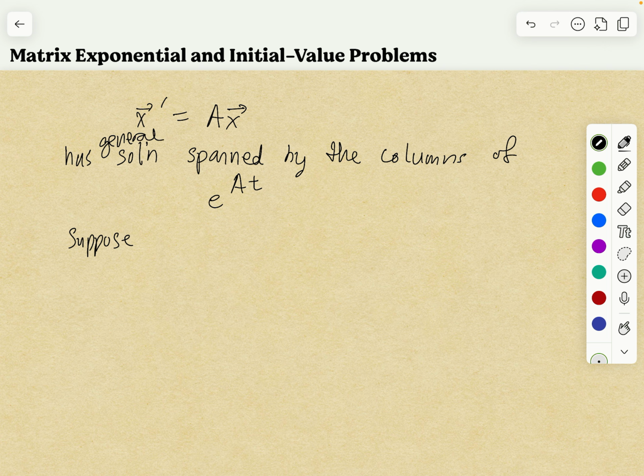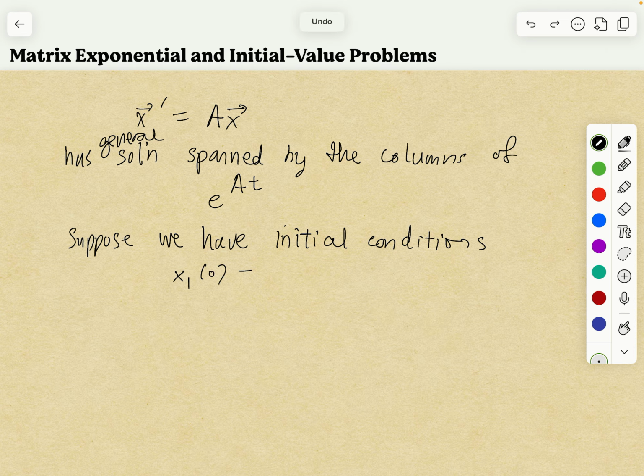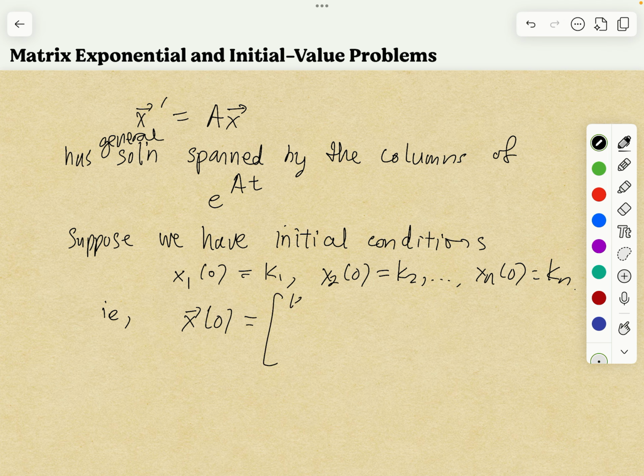This is the general solution, but suppose that we have initial conditions: little x1 of 0 is k1, x2 of 0 is k2, all the way to xn of 0 is kn. In other words, the vector x evaluated at 0 is the column matrix k1 through kn.